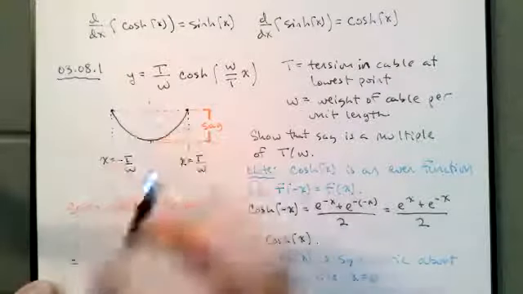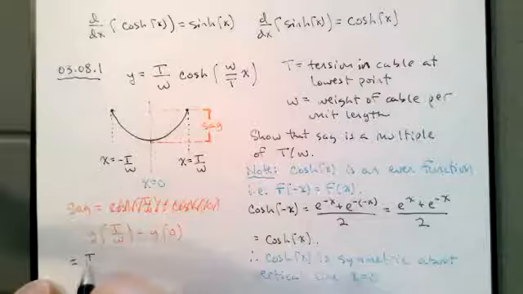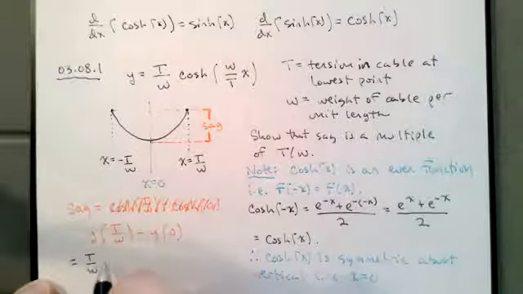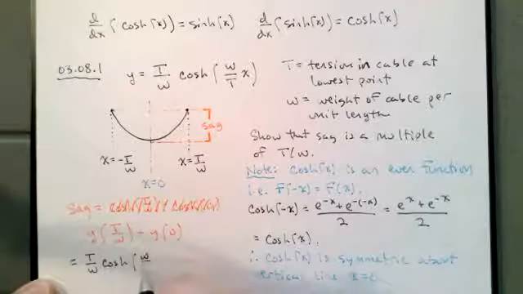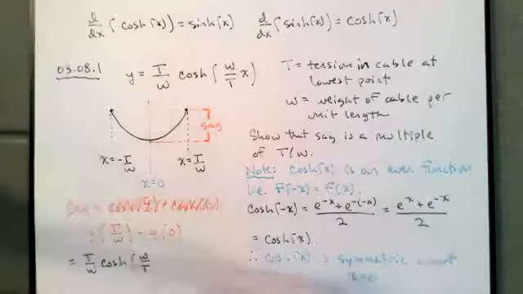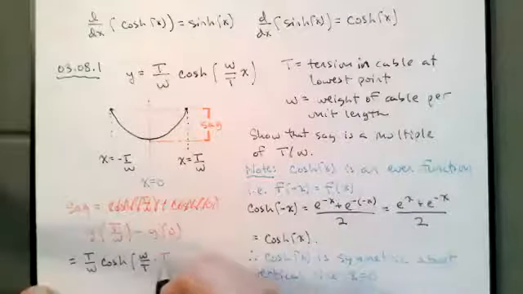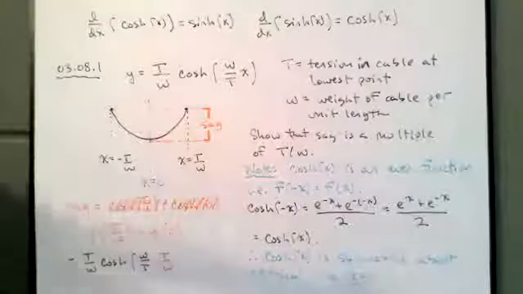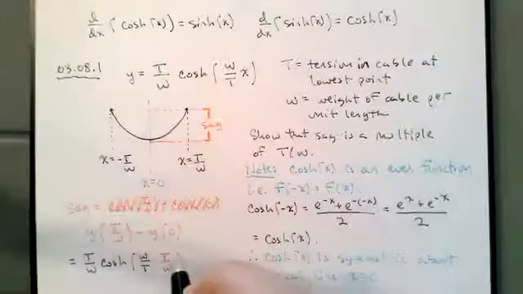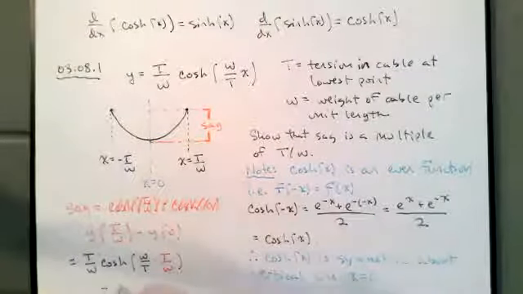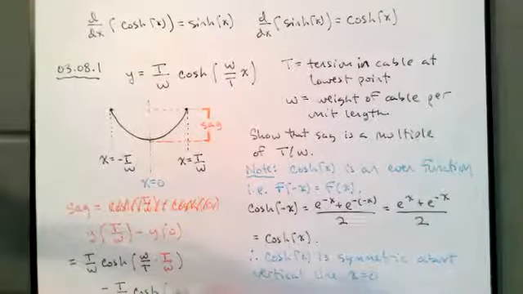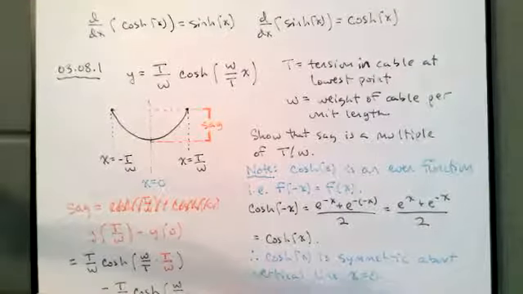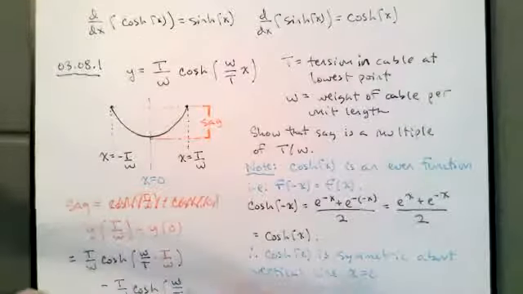So if we plug in t over w, the function is t over w times the hyperbolic cosine of w over t times t over w. And then we subtract t over w times the hyperbolic cosine of w over t times 0.